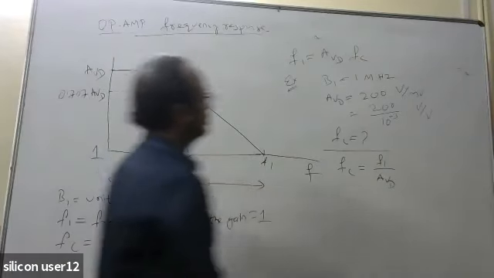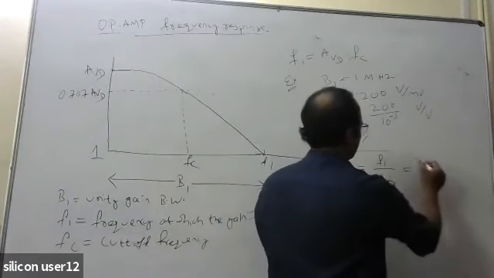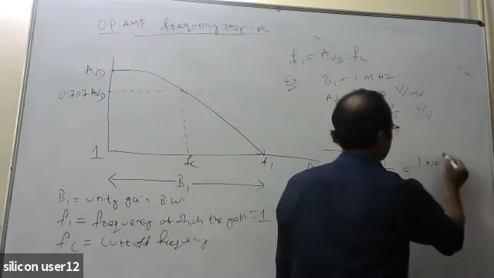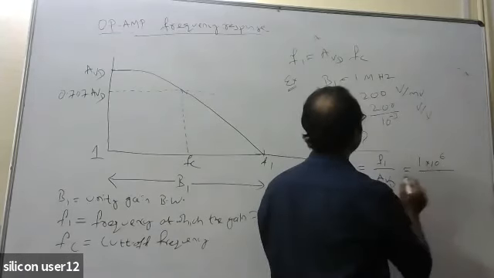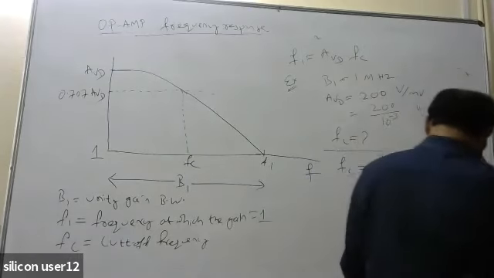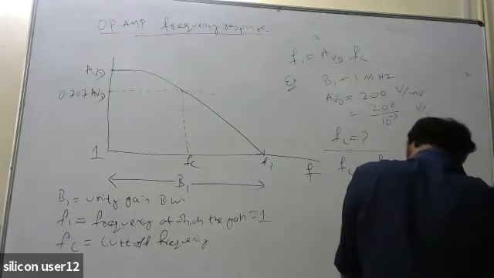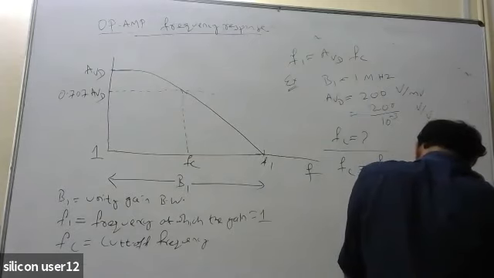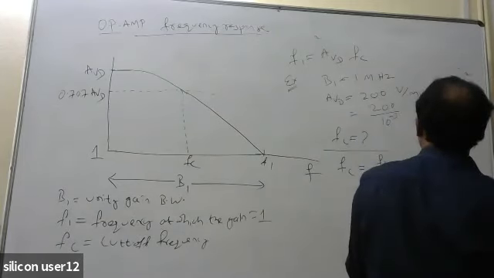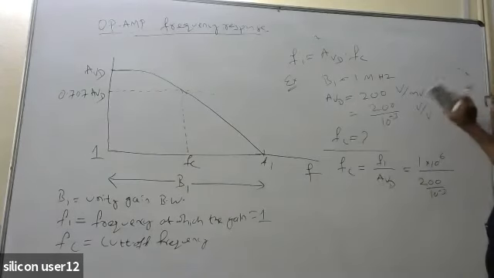So 1 megahertz, that is 1 into 10 to the power 6 by AVD. So it is 200 by 10 to the power minus 3. Oh, sorry, I did it wrong.